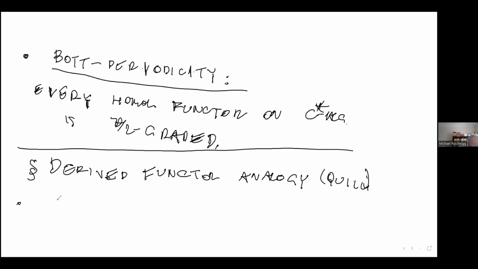You start with an abelian category, and you have a right exact functor F from C to another abelian category.